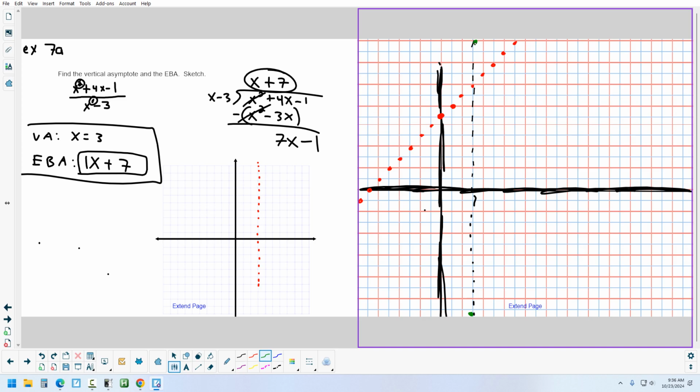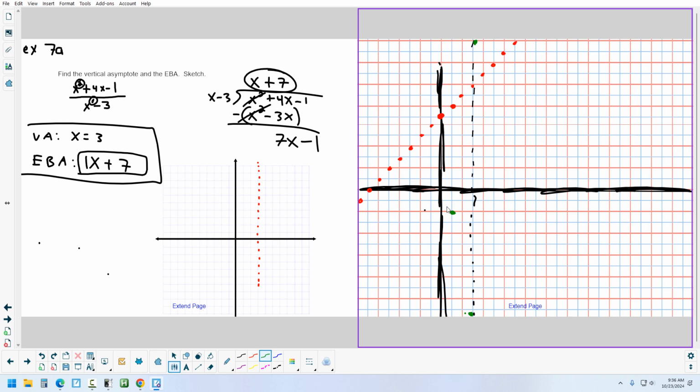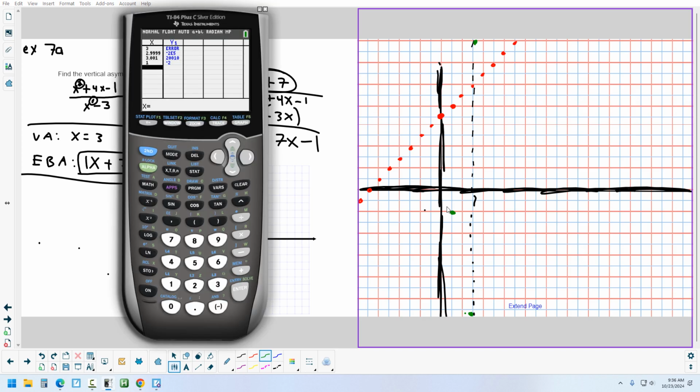Now, let's check a few more x values. I would say in this, from that green dot to the left. Let's check 1 and just see where we are. 1, negative 2. So right 1, down 2. Let's do another one. Let's do 0. 0, 1/3.